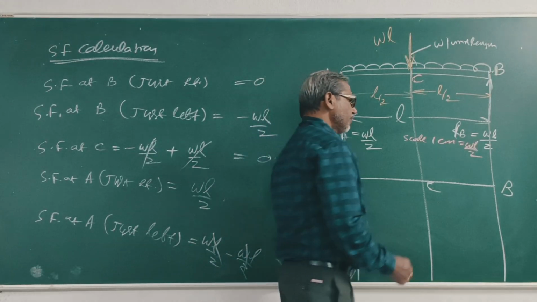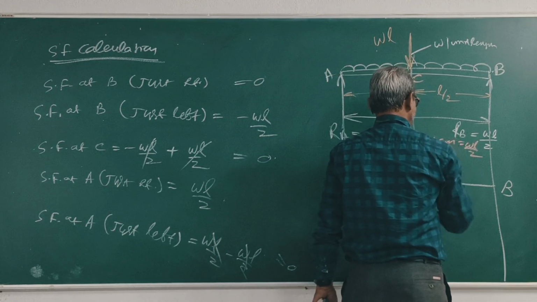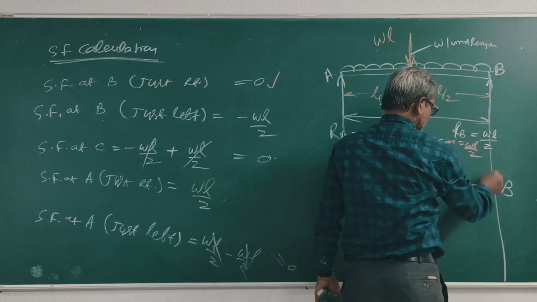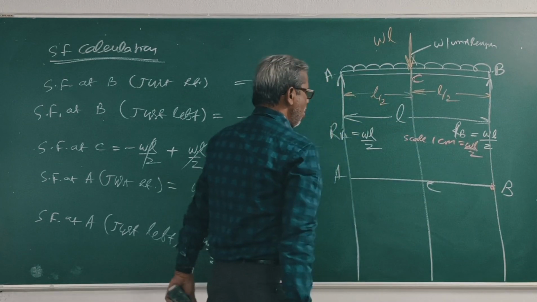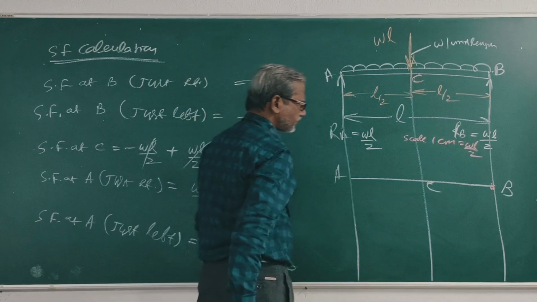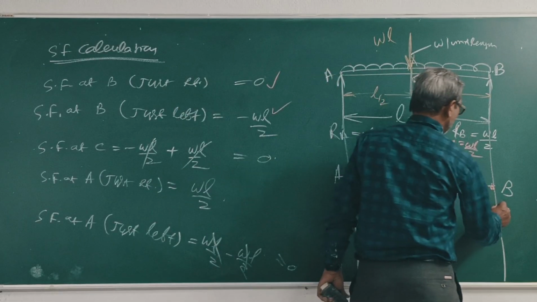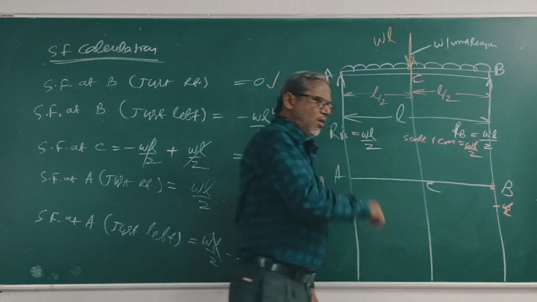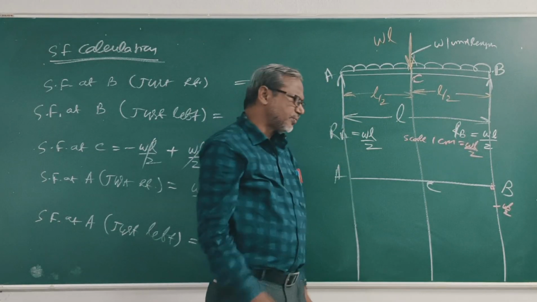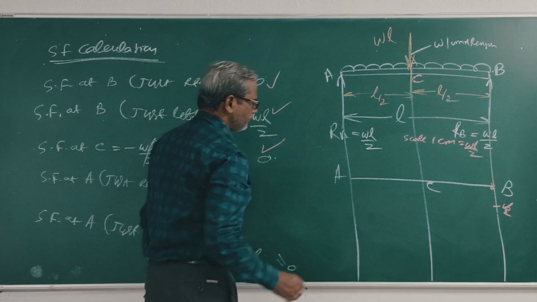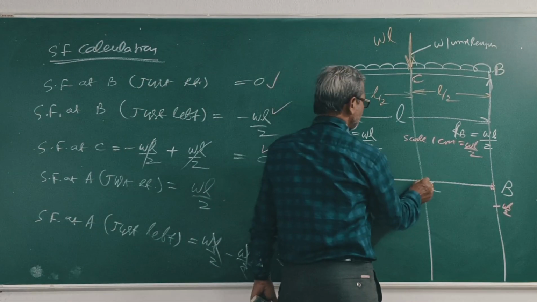Now at B just right 0. B just left, minus wL by 2. C, 0.